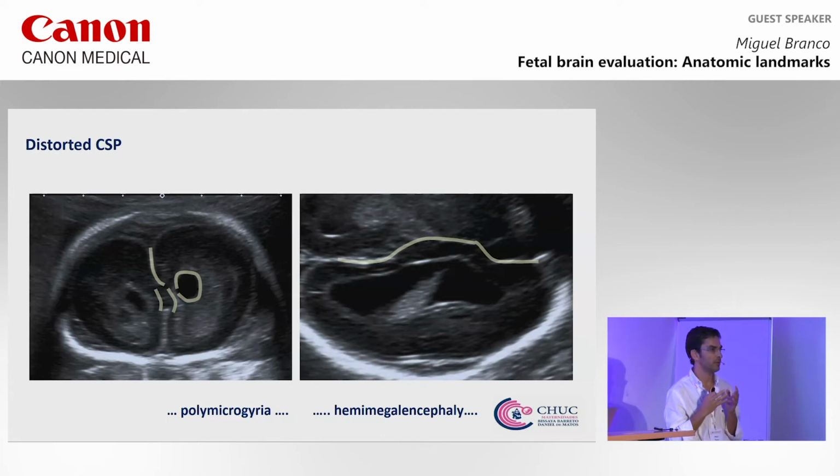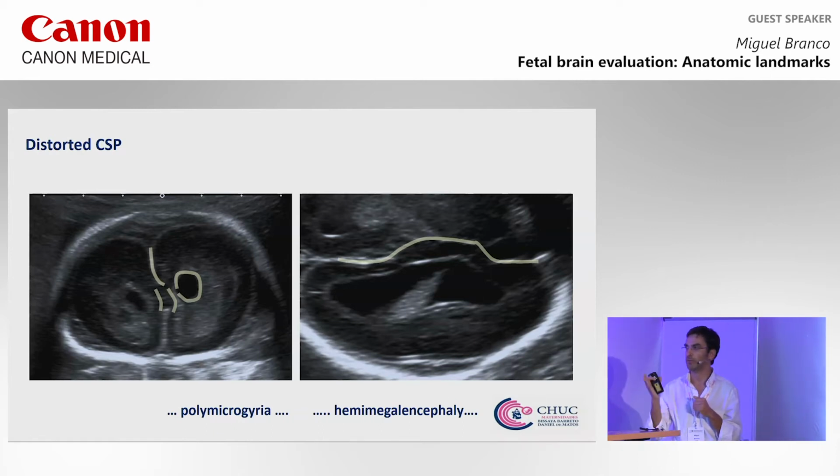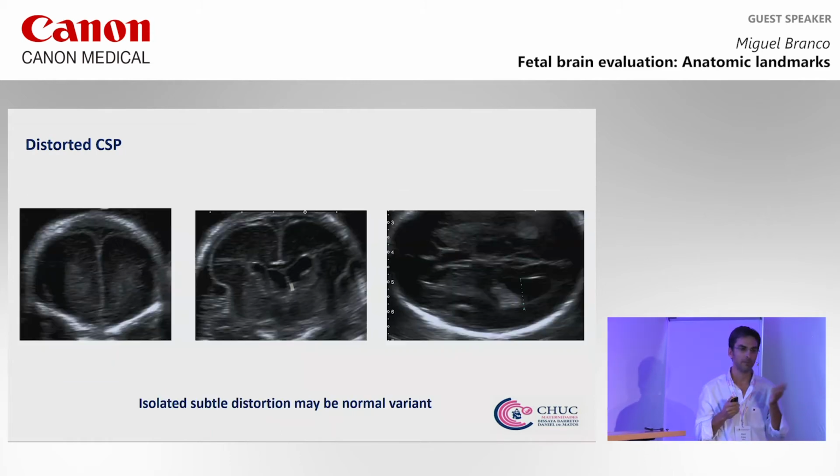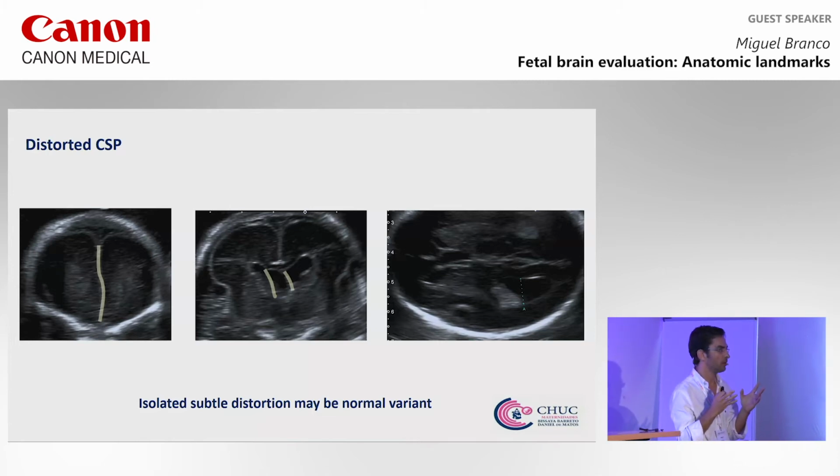That is very suggestive of malformation of cortical development, and in this case it was schizencephaly and polymicrogyria. But on the other hand, we can have more subtle distortion of the anterior complex, and if everything is normal, that situation is also normal.